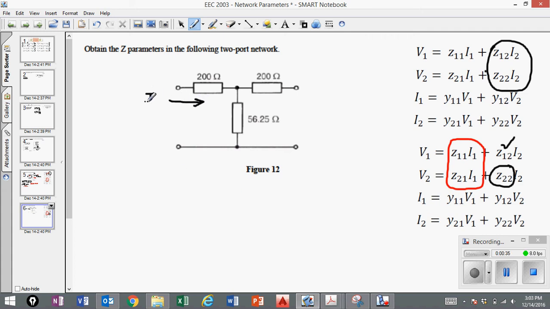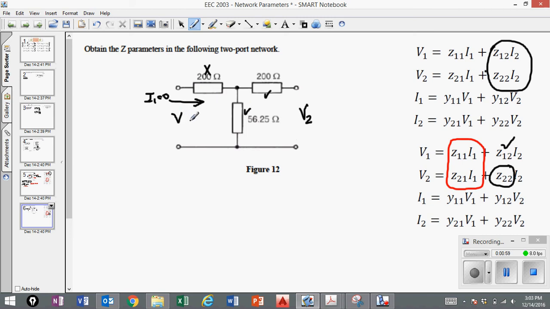If we set I1 equal to 0, for all practical purposes, this resistor is canceled, at least from the perspective of V2. V2 will only have to deal with this resistor and this resistor in series, because there's no current coming through the first resistor.